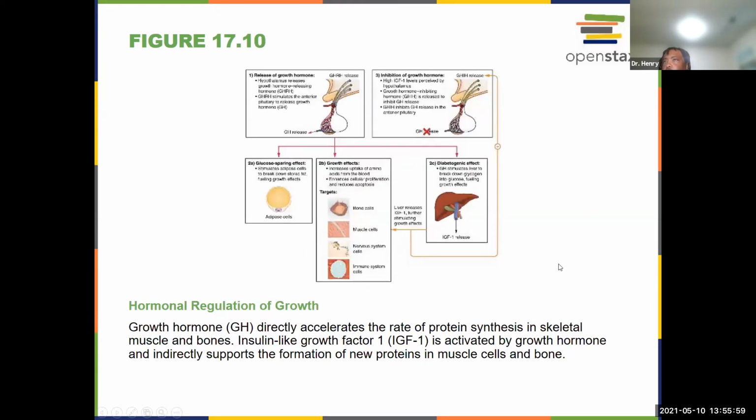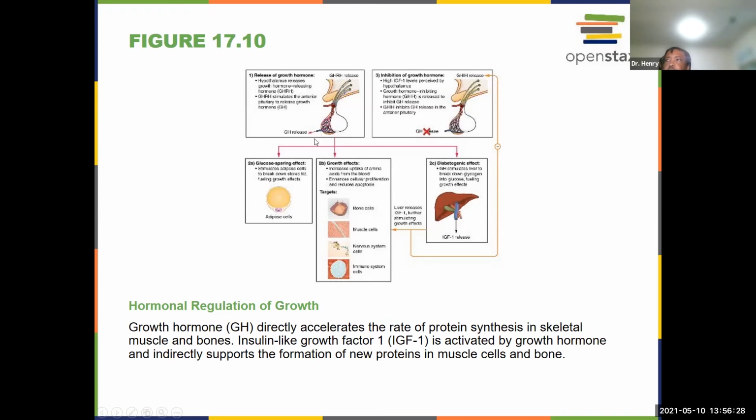Okay, so one of those hormones that are going to be released is the growth hormone. The way it works out is that the hypothalamus releases the growth hormone releasing hormone, the GHRH. That hormone goes to the anterior pituitary and releases the growth hormone.